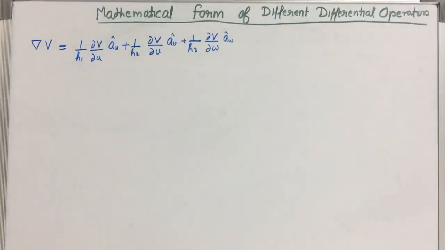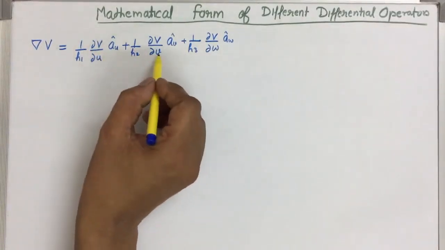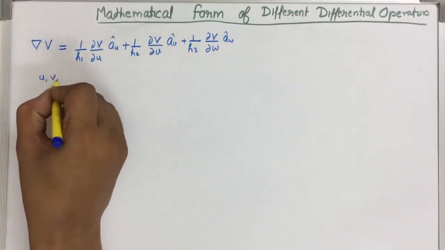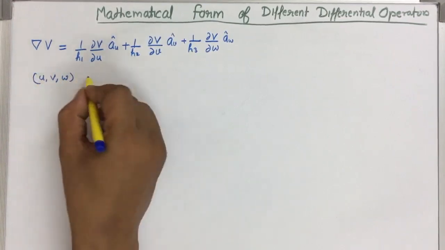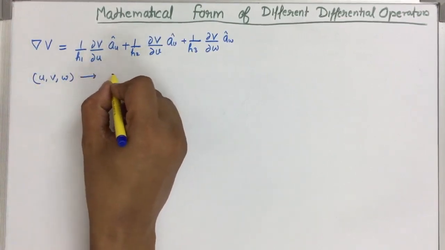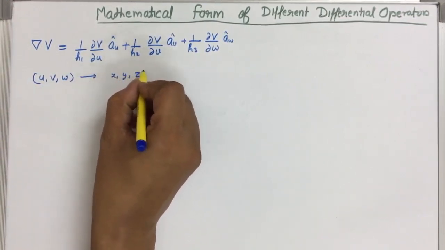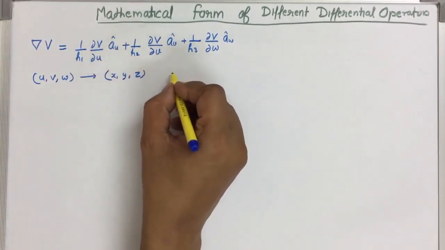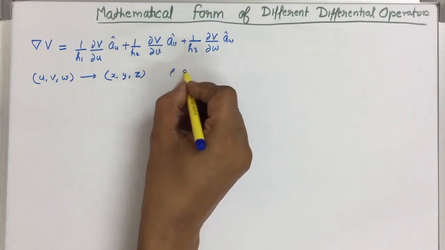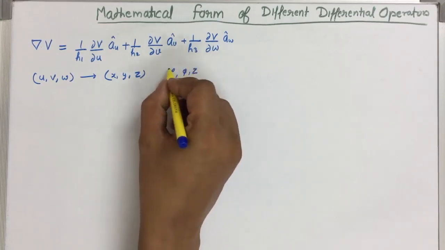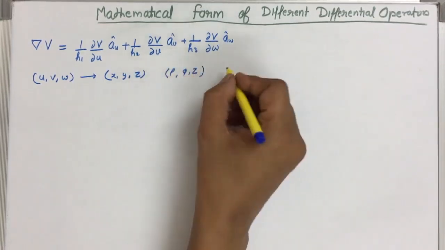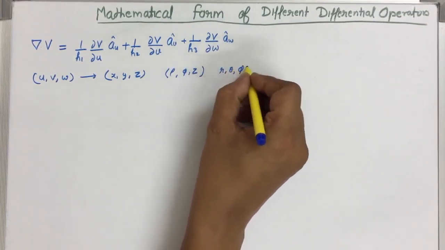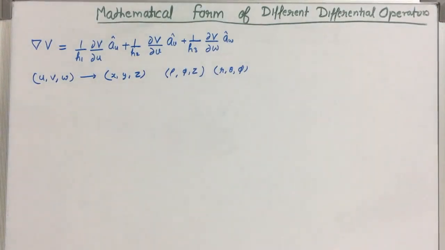where u, v and w can be a rectangular coordinate x, y, z respectively, and rho, phi, z in cylindrical coordinate, or r, theta, phi in spherical coordinate.